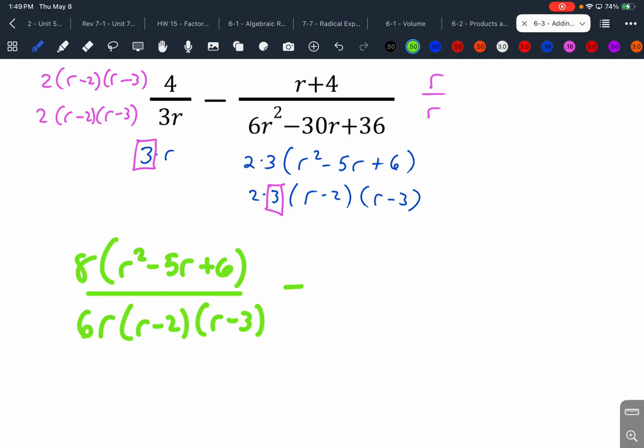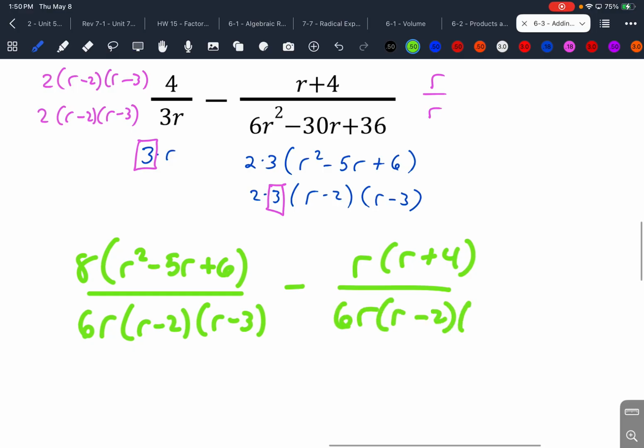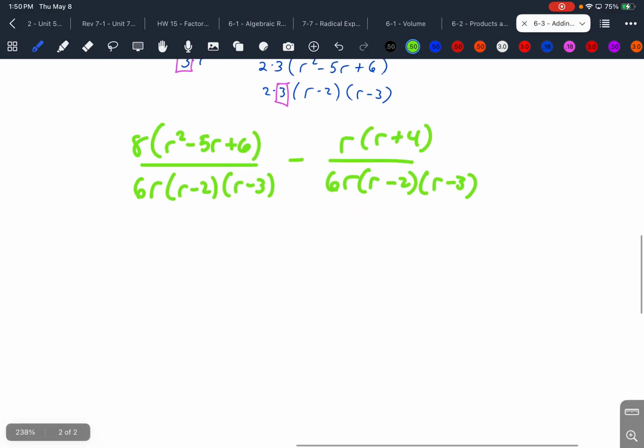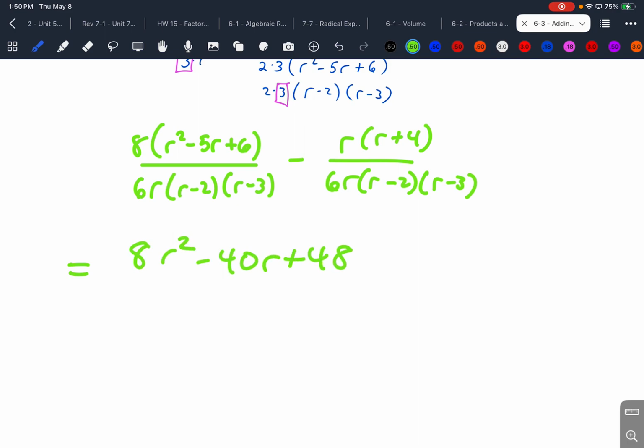This side is going to be r times r plus 4 over 6r, r minus 2, r minus 3. And what that's going to get us is, when we distribute and combine like terms, we'll get 8r squared minus 40r plus 48 minus r squared minus 4r. Don't forget to distribute the negative r.